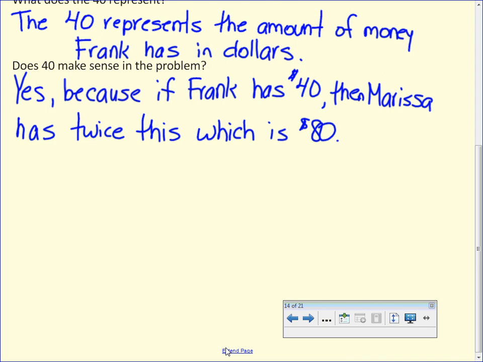What happened in our next tape diagram? It's kind of like a waterfall. It's trickling from one tape diagram to the next. Now that we know Marissa has $80, then what do we know next?